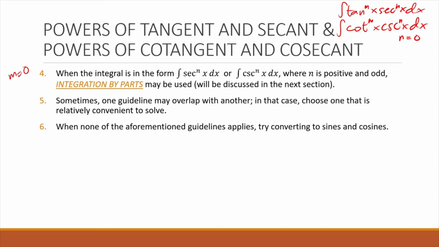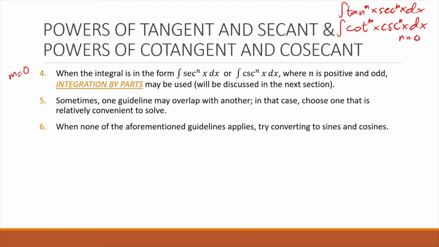Now, when none of the aforementioned guidelines, this is particularly talking about our current na lesson, powers of tangent and cotangent, yung previous din na lesson na powers of sine and cosine, when none of them applies or can be applied, then we can convert them, kasi nga we are dealing with trigonometric functions, di ba?